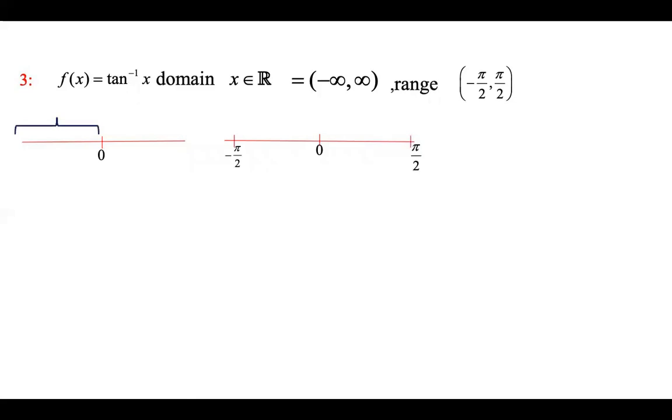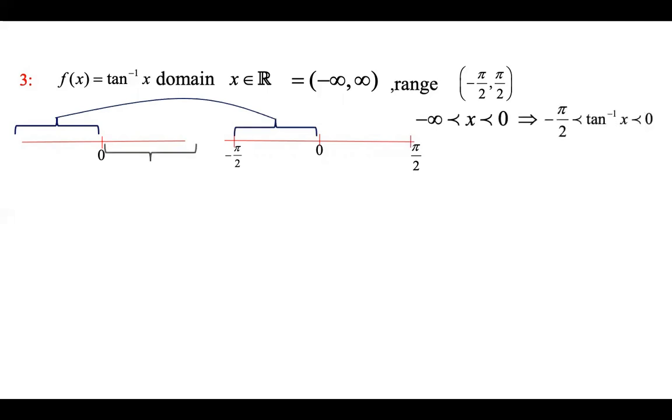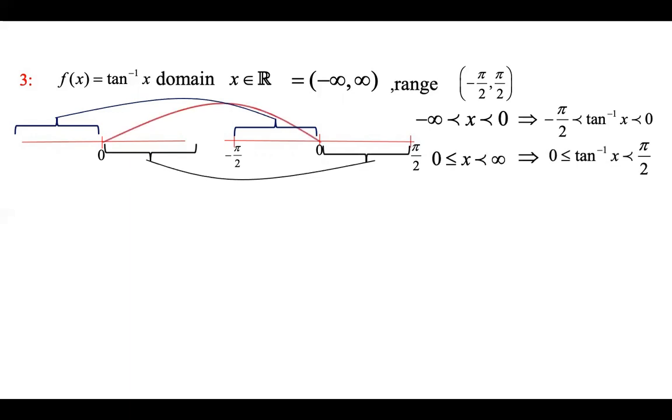So the -∞ to 0 part will be shifted to the -π/2 to 0 part. That is left to left, right? And the right part, 0 to infinity, will be shifted to the 0 to π/2 part. So this is just like the sine inverse function, right? Middle point to middle point.